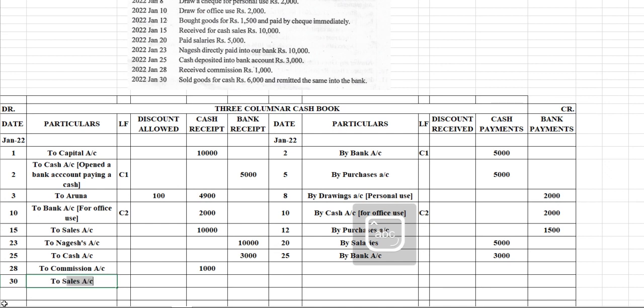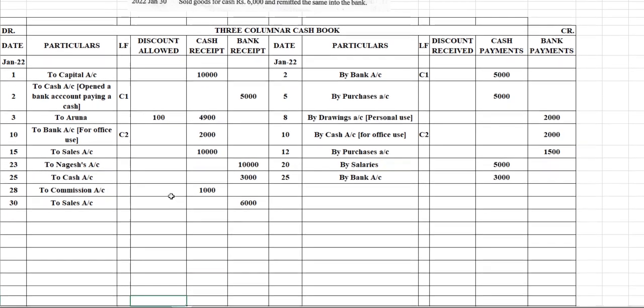To sales account. For cash they said, so cash is coming. Okay. And remitted the same into the bank. See, cash has come, but that is remitted to the bank. That is directly we have deposited into bank. So it will be recorded in the bank account. So these are the transactions.